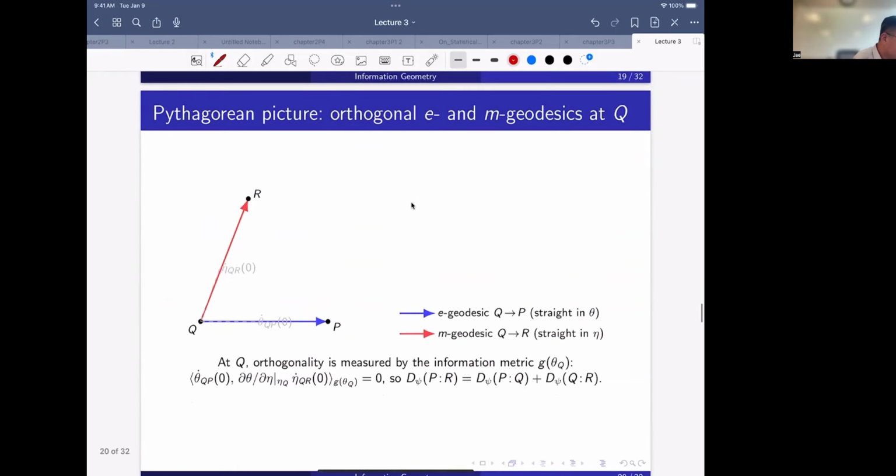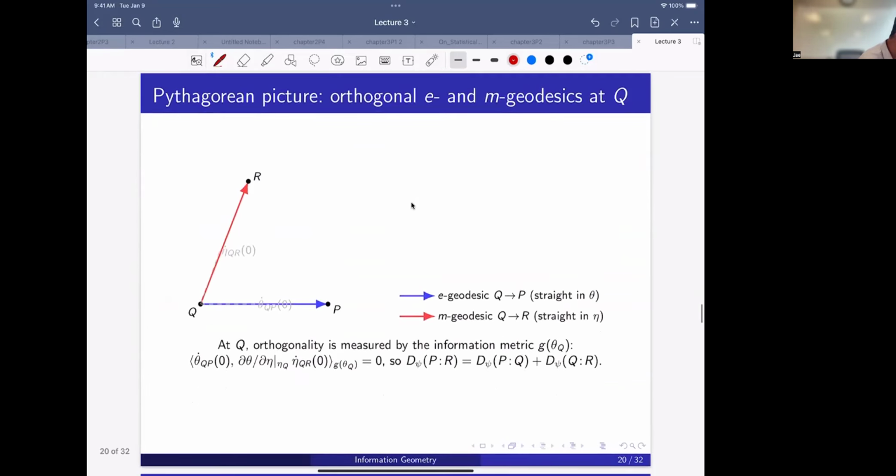So yeah, I don't know whether this is helpful, but basically this is the orthogonality condition.